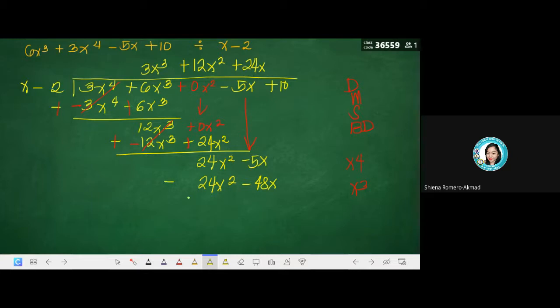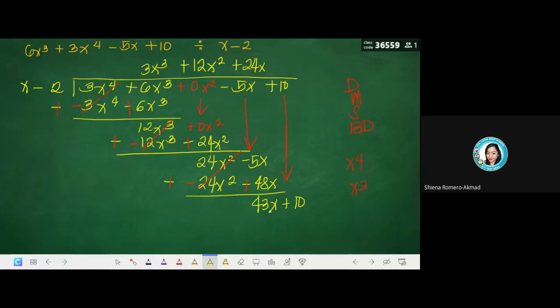Next, subtract. Change the sign. Proceed to addition. So, this is 0. And negative 5 plus 48 magiging positive 43x. Then, bring down. So, if we bring down natin ay yung plus 10.